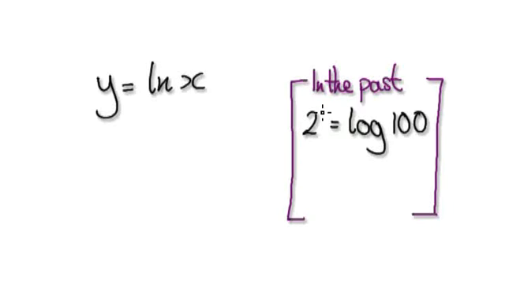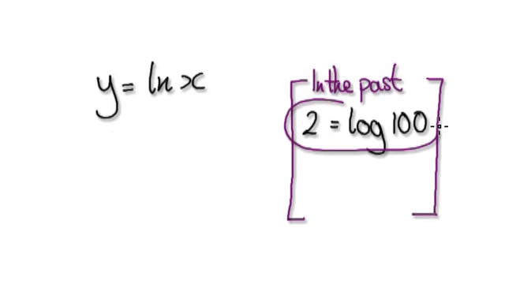In the past, whenever someone gives you this statement, we can always translate it. To translate this, your eyes would zoom into the base. When there's no base, you have to default it to 10.